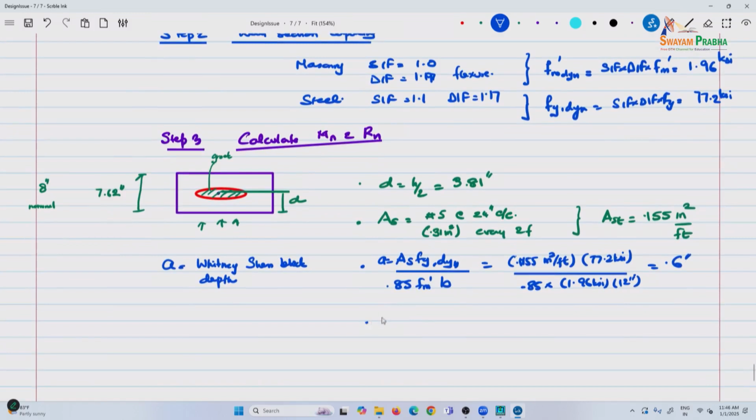Then the fourth thing is Mn is AS Fy dynamic multiplied by D minus A over 2. So same numbers, comes to 3.5 kip feet per foot of the wall.